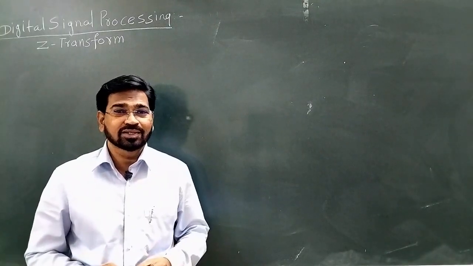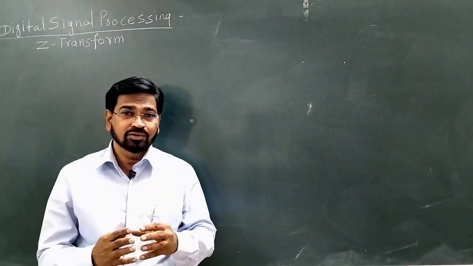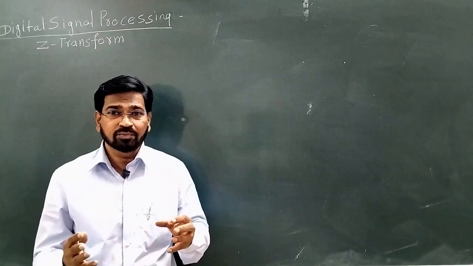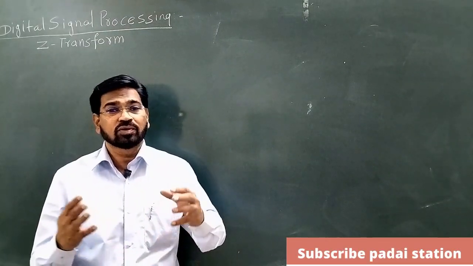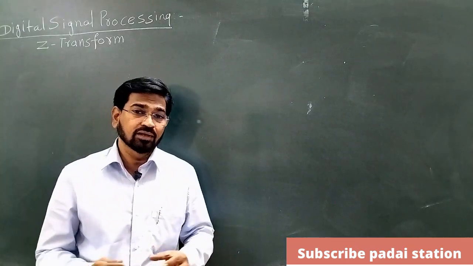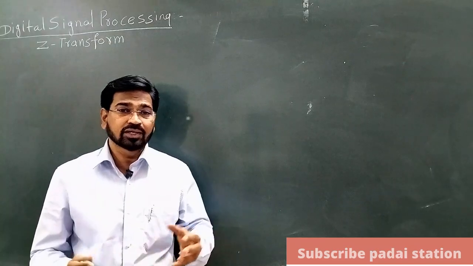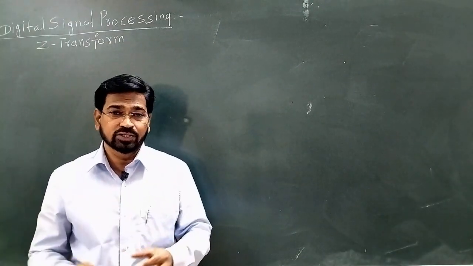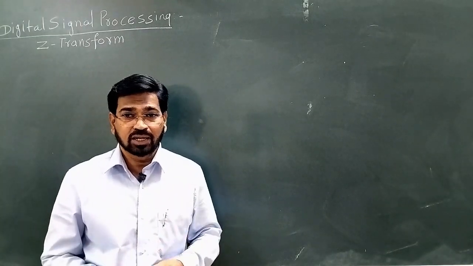What did we do using Laplace transform? Laplace transform tells those things where the Fourier transform fails. For example, Laplace transform tells about the nature of the signal, whether it is growing or decaying. The Fourier transform only converts time domain to frequency domain, because we have a sigma factor in the Laplace transform.